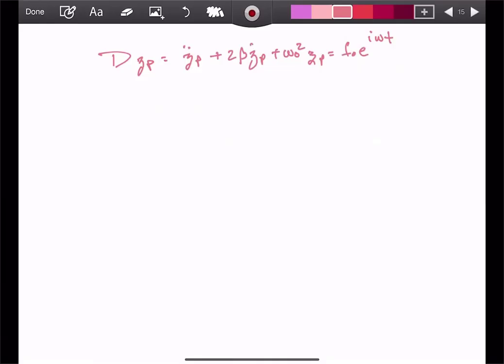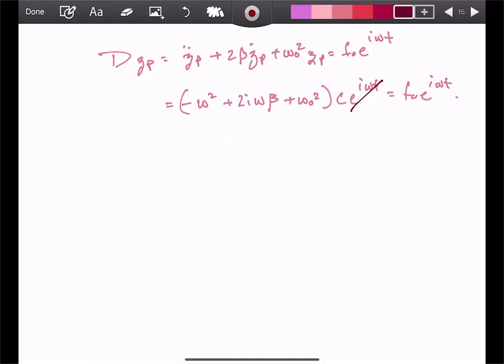We get two derivatives of this: a minus omega squared with the exponential term, plus a 2I omega times beta, plus omega 0 squared, all times c e to the I omega t, equal to f0 e to the I omega t.